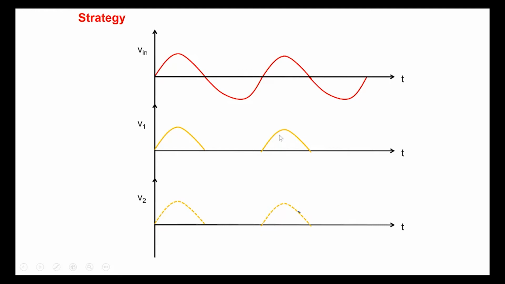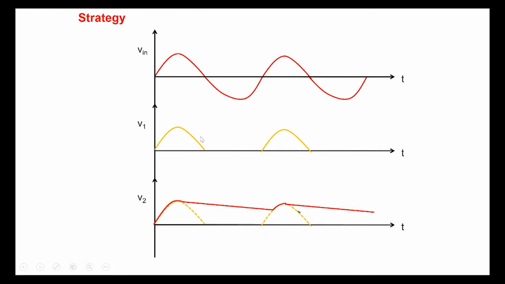So what we need is a filter which will filter out all the frequency components, leaving behind a DC for us. We'll see how we do that. Basically a low pass kind of filter, and we will then be able to obtain our desired DC voltage here.